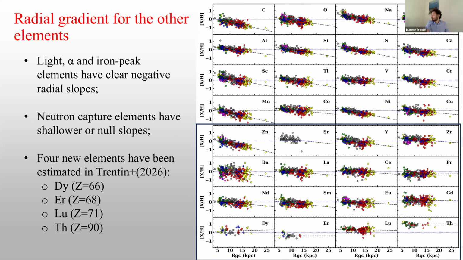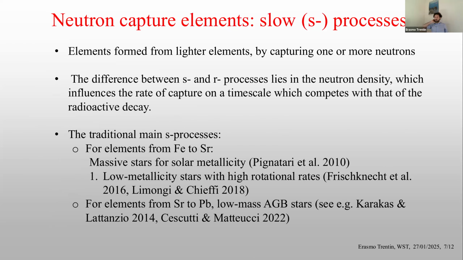And what I would like to focus on is the origin of the neutron capture elements. Historically, they've been divided in two different processes. One is the slow and one is the rapid. The difference comes from the rate at which the atom or an element captures the neutrons compared with the time scale of the radioactive decay.